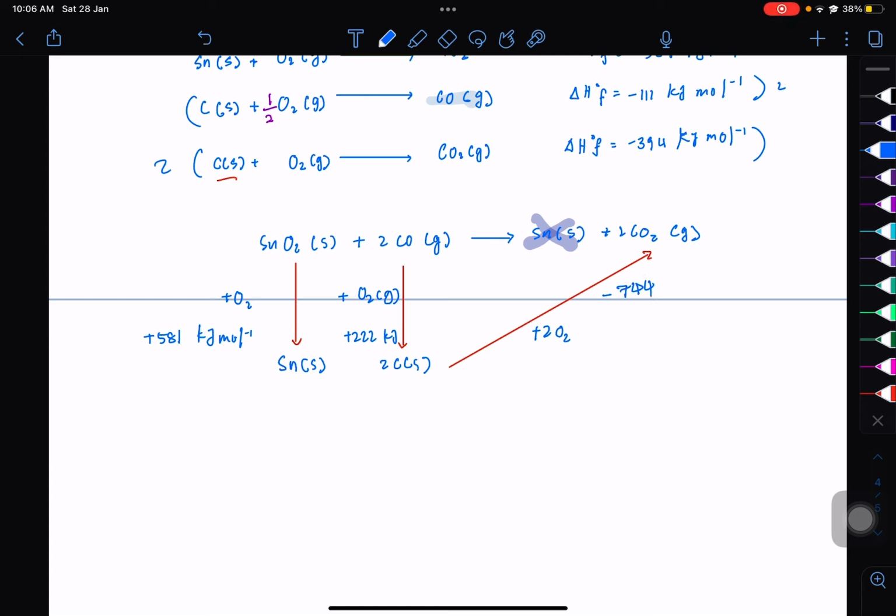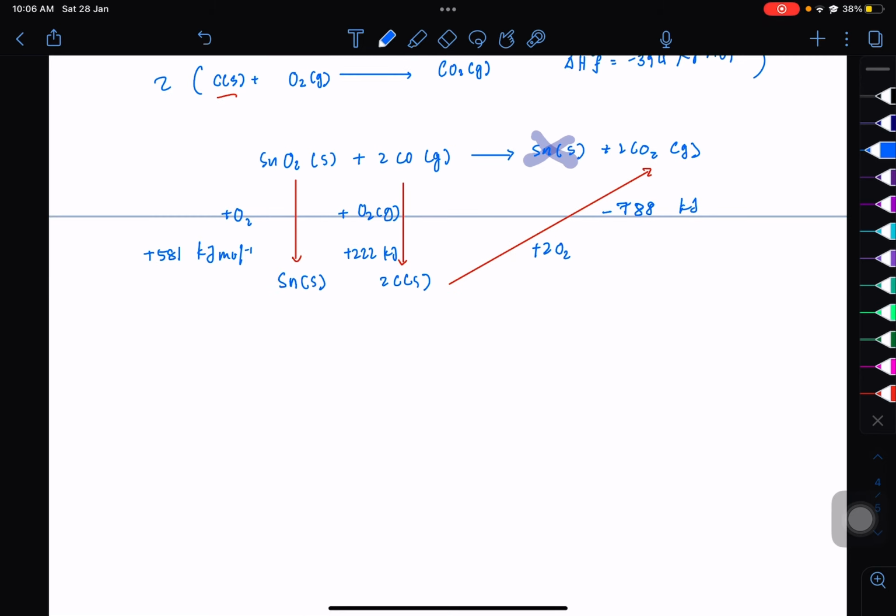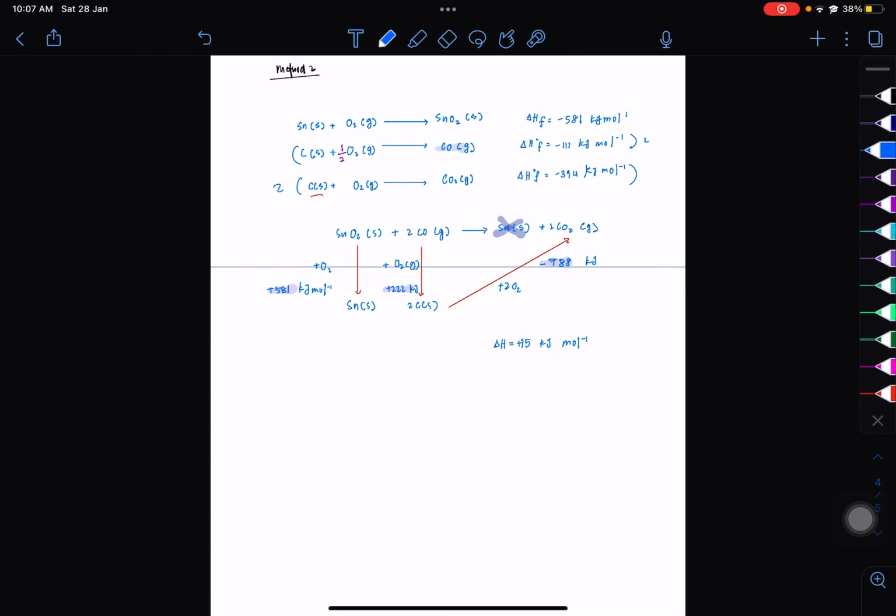Just empat darab 2 788 kilojoule. So you just tambahkan semua yang dah dibuat, ni tambah ni, tolak ni, 581 tambah 222 tolak 788. You should get the same answer with the algebraic method. So this is our enthalpy, positive 15 kilojoule per mole. That's it. Thank you.